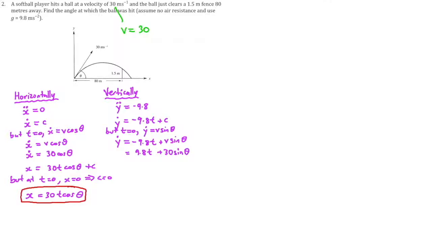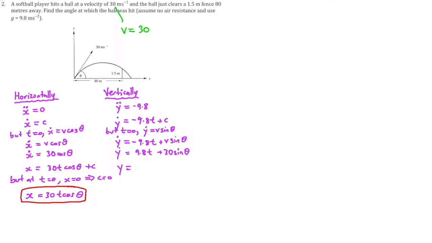Now, the question is, do I have any more information that I can use? Well, not really. I don't know the angle that this is shot off at. That's what I'm trying to find. So let's go and find the value of y by integrating again. Now, 9.8t, when you integrate it, will give 9.8t squared over 2.